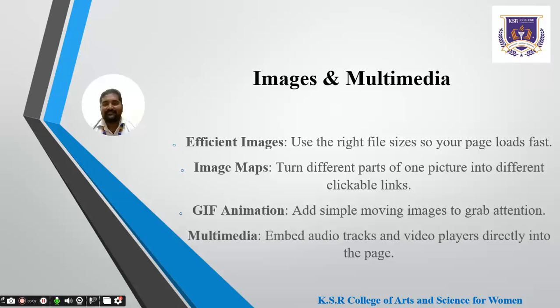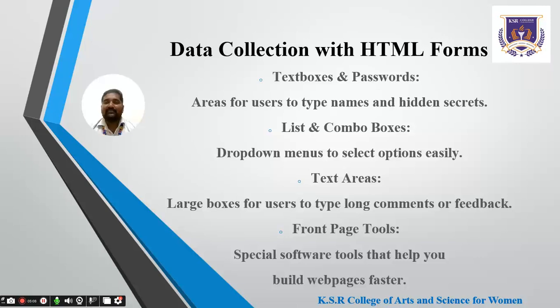embed audio tracks and video players directly into the page so that you can use the multimedia contents effectively. Data collection with HTML forms: text boxes and passwords. It is used as a safety mechanism, where there are areas for users to type names and hidden secrets. Then list boxes and combo boxes are just like drop-down menus to select options easily. We can see all the available options and choose the right one.